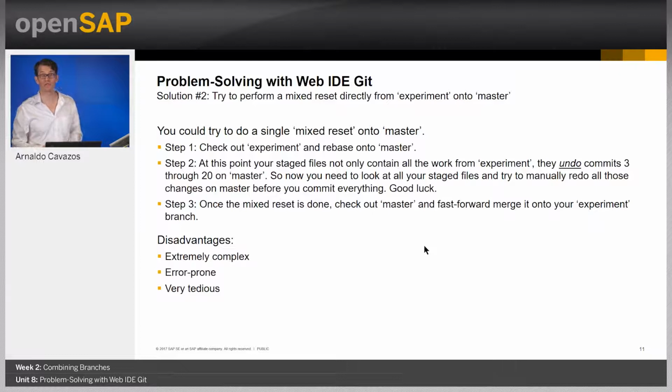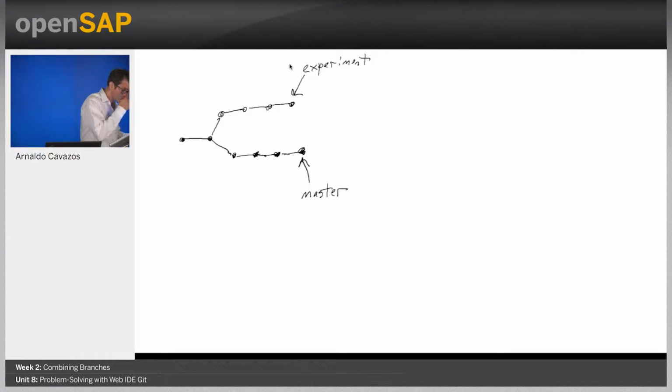Okay, so that is one solution. Here is another solution. Another solution is to check out your experimental branch and perform a mixed reset directly onto master. So going back to the drawing, if we were to do that, then essentially we'd be performing a mixed reset, and so we would be moving experiment here, and you would have a bunch of stuff, all these commits would essentially be moved to your working area, and you could then figure out manually which of the changes in your working area you wanted to complete.